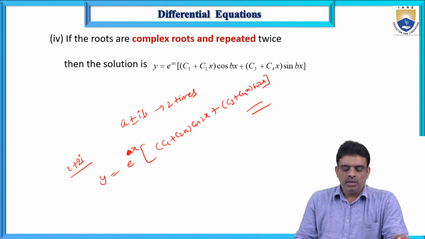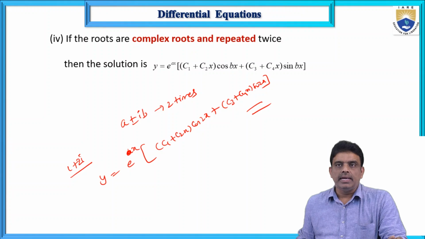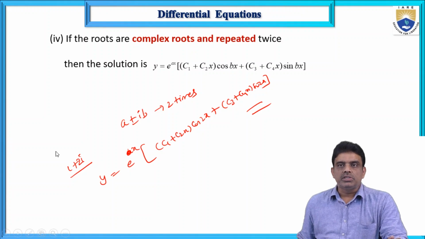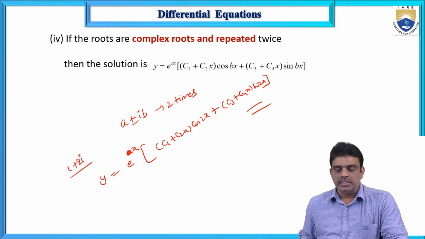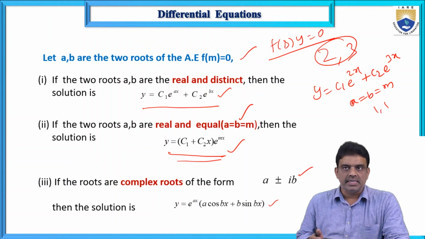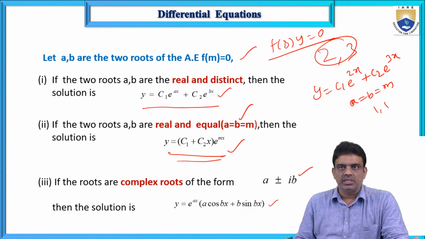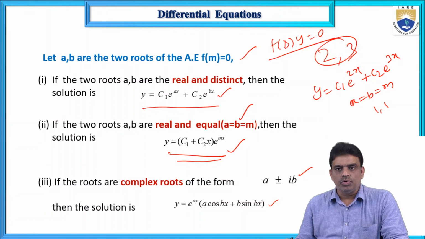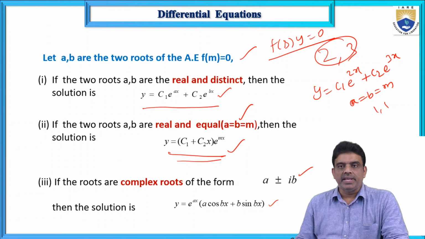So remember all 4 forms, and while doing problems, just apply whichever case you face. First, if the roots are real and distinct, write the first case solution. If the roots are real and equal, write the second case solution. If the roots are complex, go to the form y = e^(ax)(A cos bx + B sin bx).